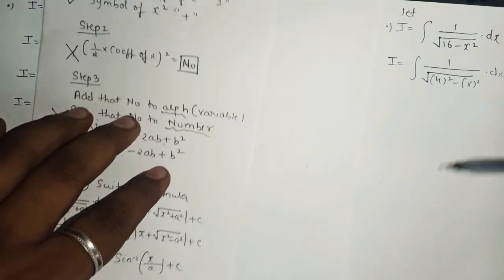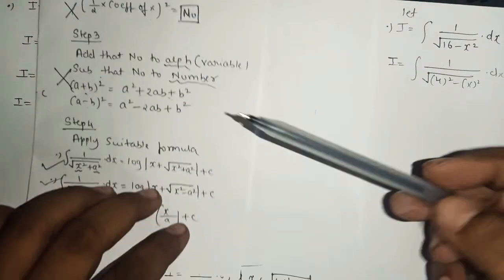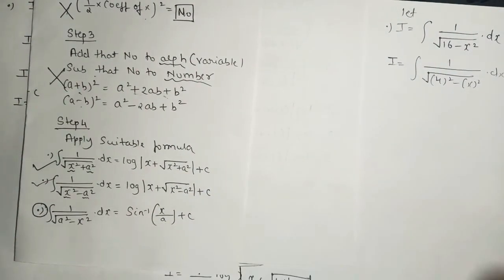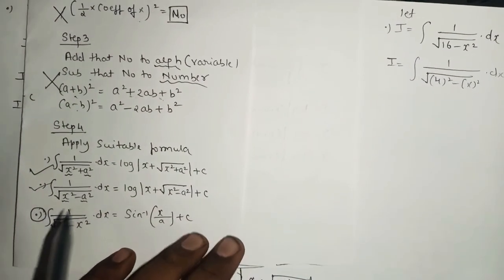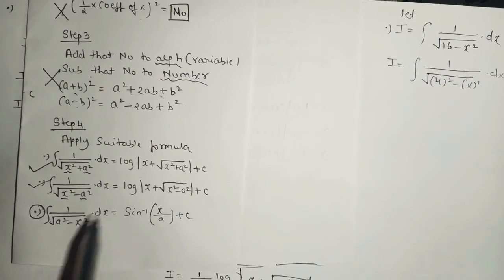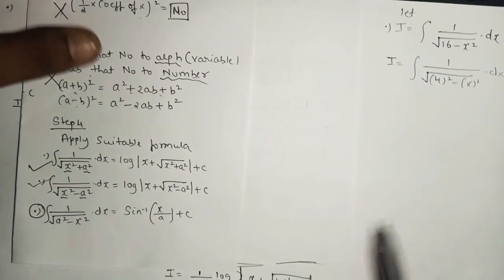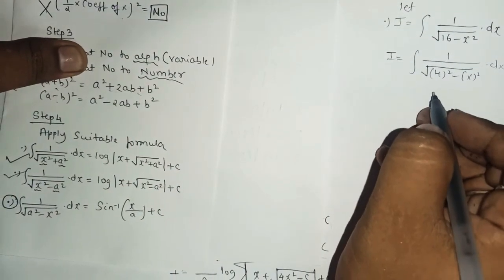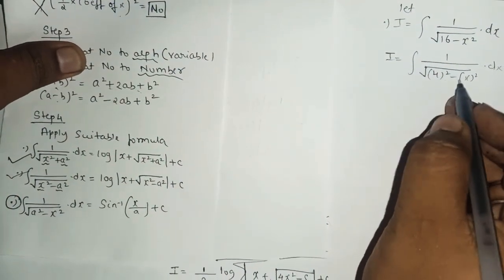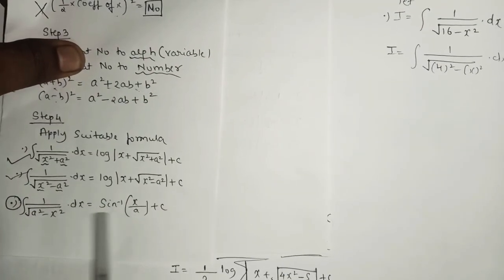So we come to the conclusion that whenever the sign of x square is negative, as already given in the question, always and always the third formula will come. So what is the third formula? It says that the integral of 1 upon root a square minus x square is sine inverse x upon a plus c. So in the next step we'll integrate with respect to x, as this looks like the third formula.